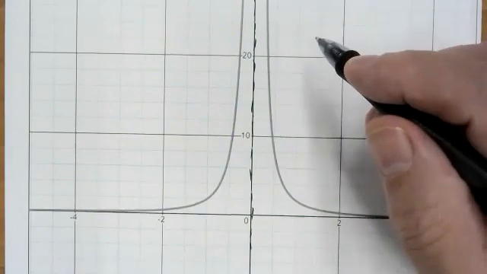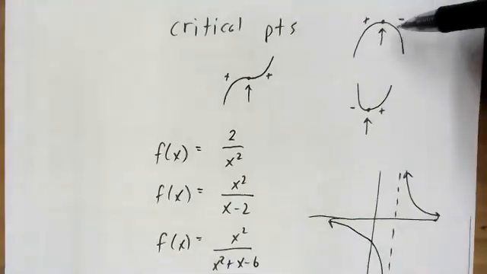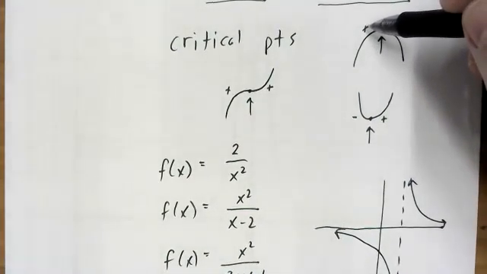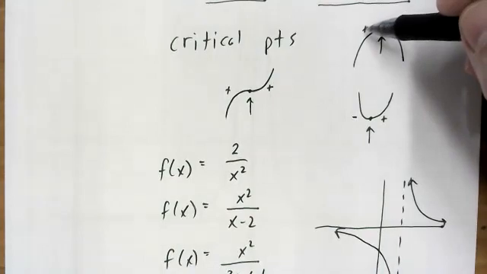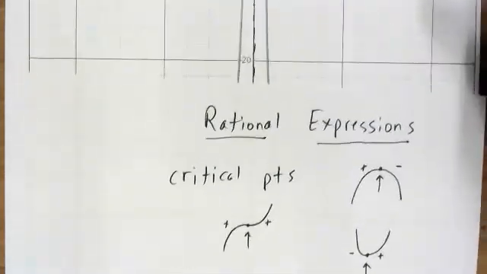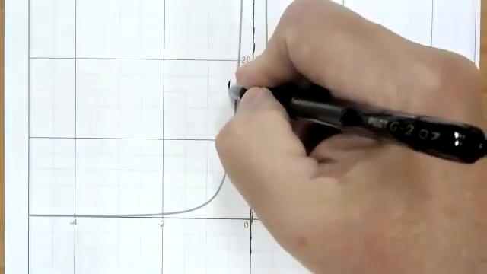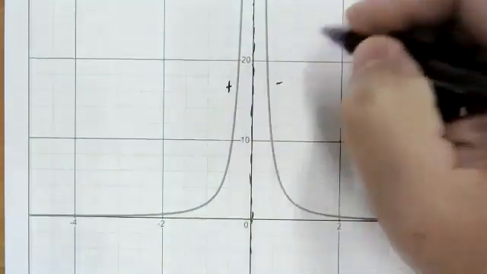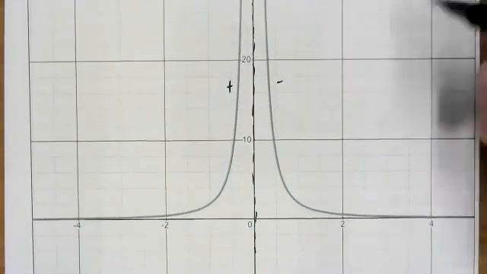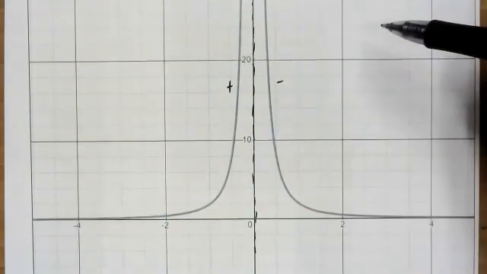So just as I was explaining at the beginning of class, critical points, we know oftentimes that's where the first derivative can change signs on either side of a critical point. But now we have a case where the first derivative actually can change signs on either side of a vertical asymptote. Now, for a vertical asymptote, it may not change signs.